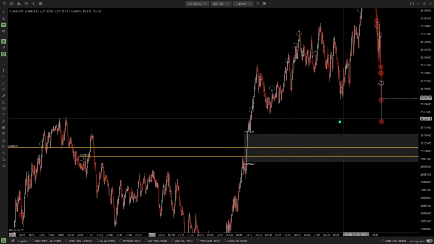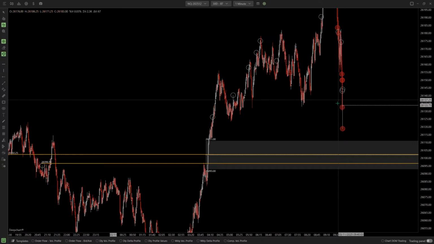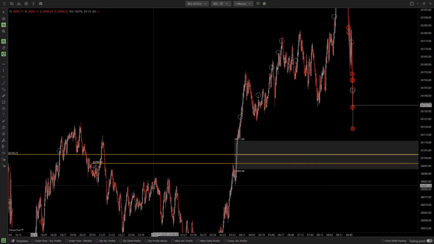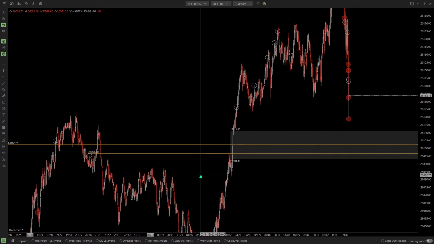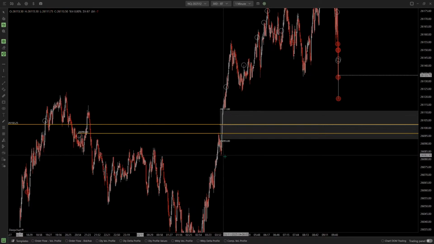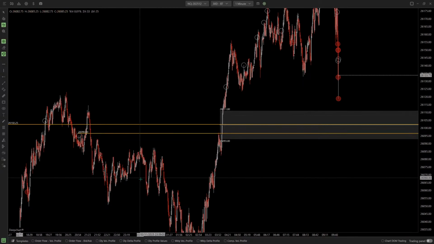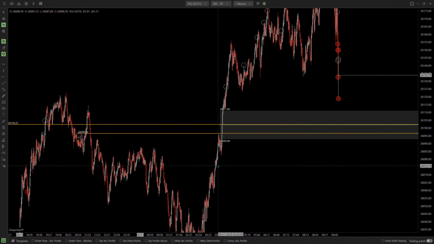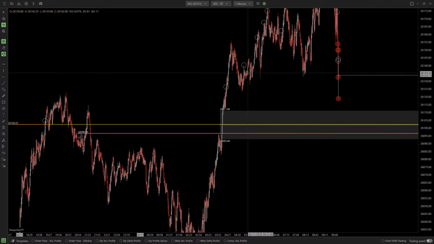A lot of selling pressure here though, right? These buyers just got absorbed and just pushed the price down. But this is where buyers stepped in previously to push the price up, right? We had this aggressive buying, failed, came all the way down, came back to it, failed again, same level, ripped through it.